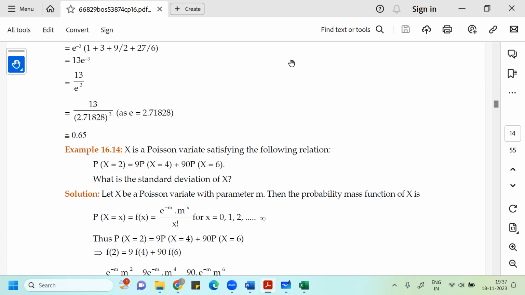Okay. Take your own time, try to do this question. Please do not see from the book how they have solved. You have to solve by your logic.